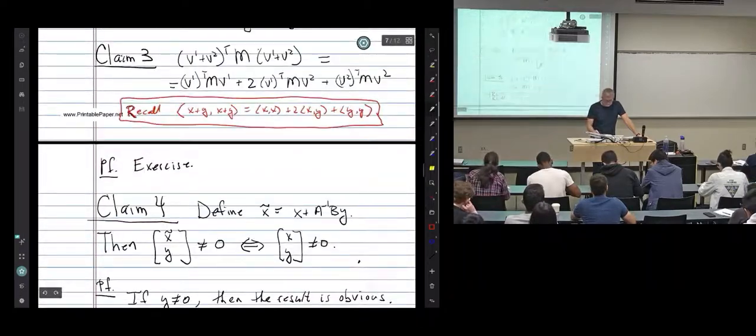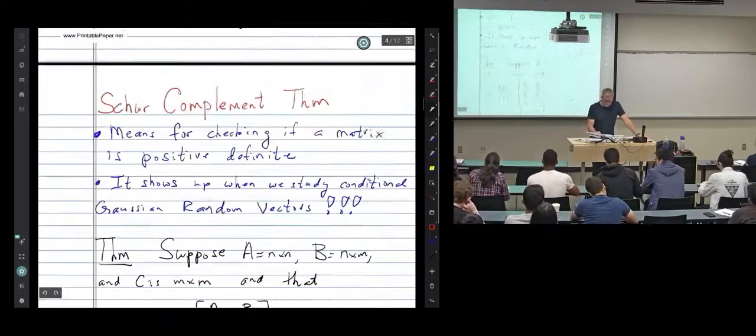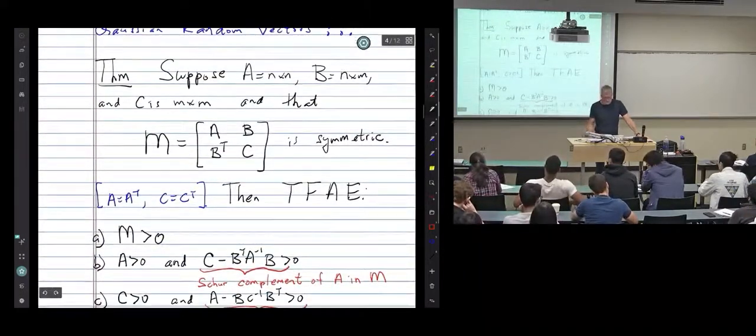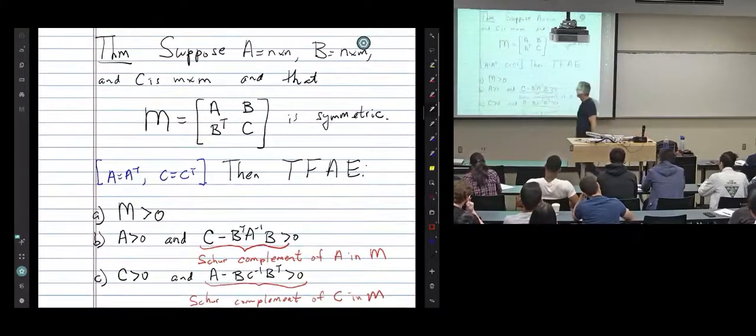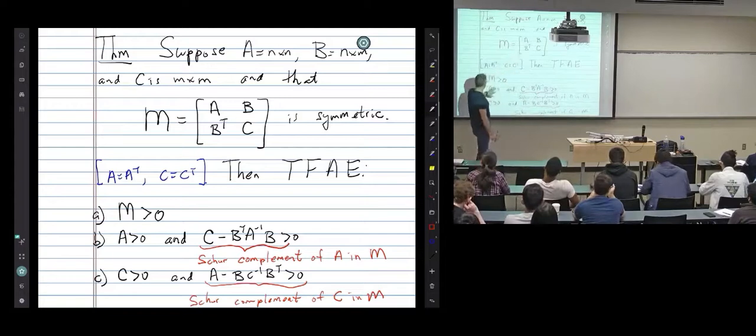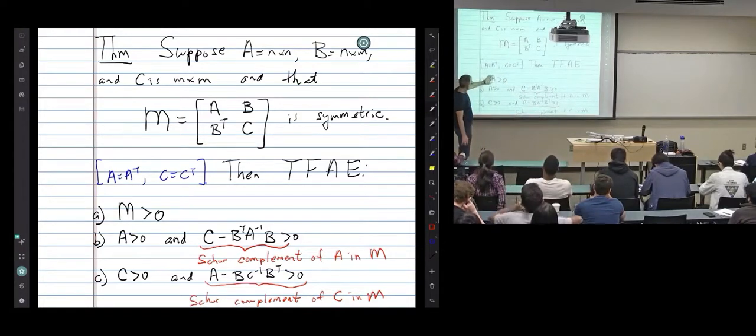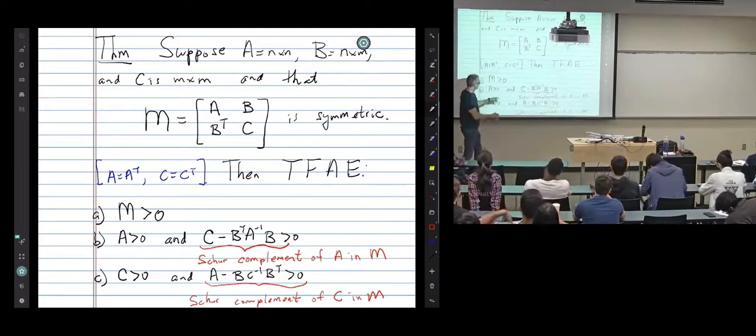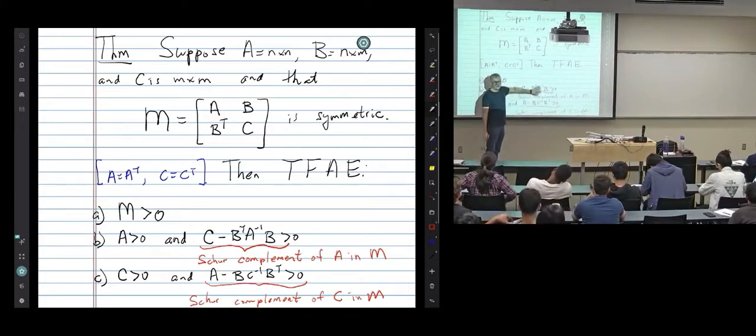Okay, so wrap up, and then we're going to do one more thing very quickly. Schur's complement theorem. We don't check the eigenvalues. We break it down into smaller parts. Once you have this matrix formed, you can apply Schur's complement theorem again. Okay?